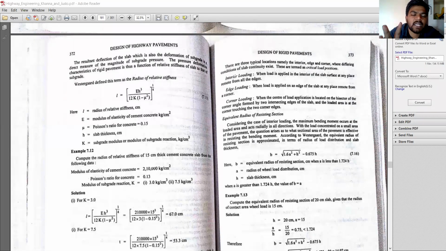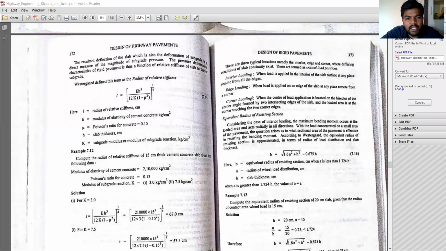Interior loading means exactly the central portion of the concrete slab, where load is applied in the interior part of the slab surface at any place remote from all the edges. It means the load is considered only on the central part of the concrete slab, excluding all other parts like the corner part and edge part. Whatever load is applied on the central part is considered as interior loading.